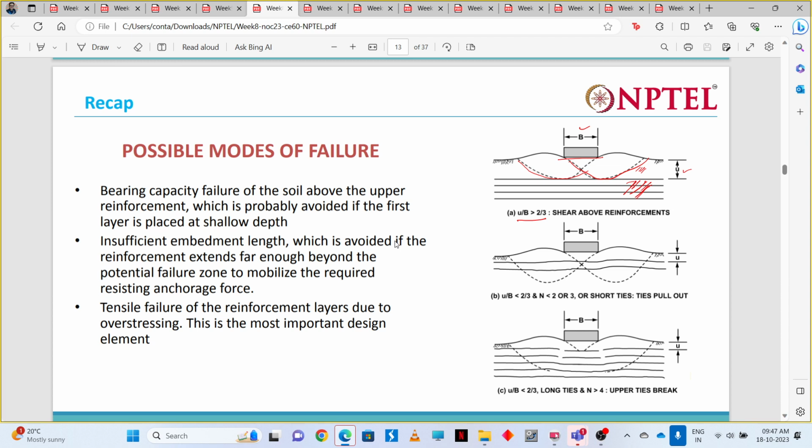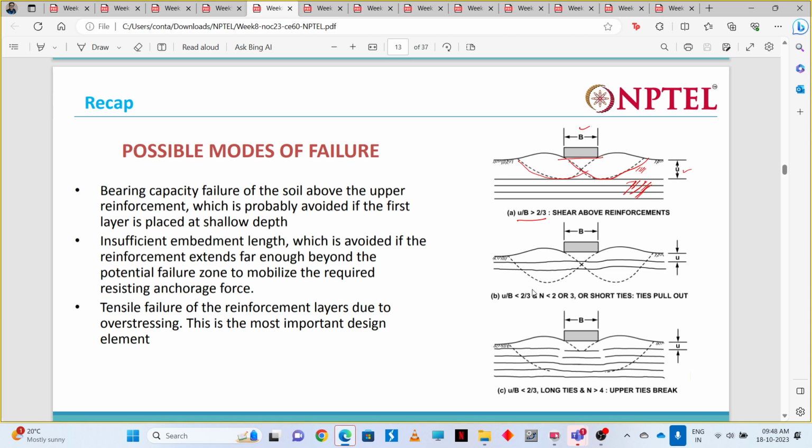So what are the possible modes of failure? There are three modes of failure. When the depth of the first layer is u and the width is b, and the first layer is placed quite deep, u by b greater than 2 by 3, then the soil fails by bearing capacity failure of the upper layer.